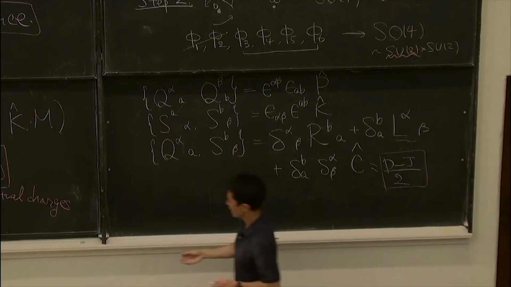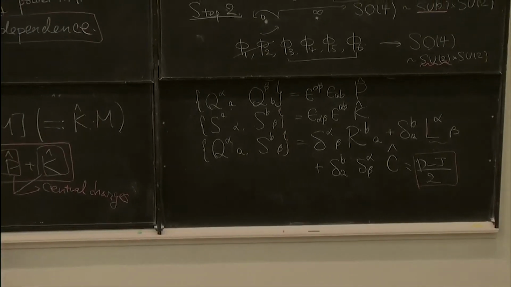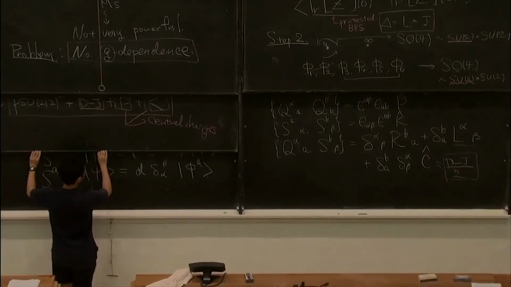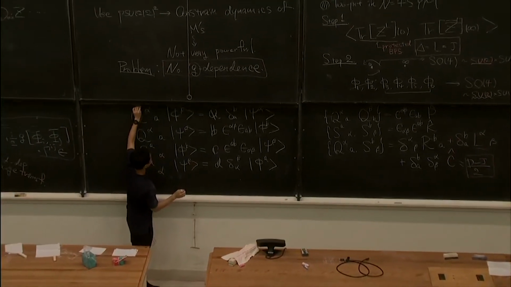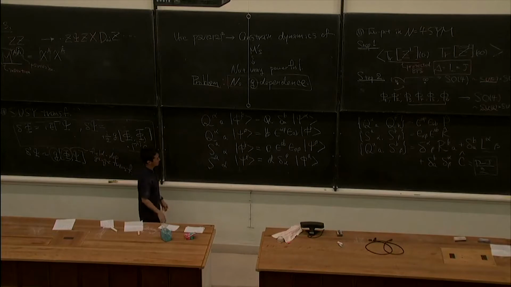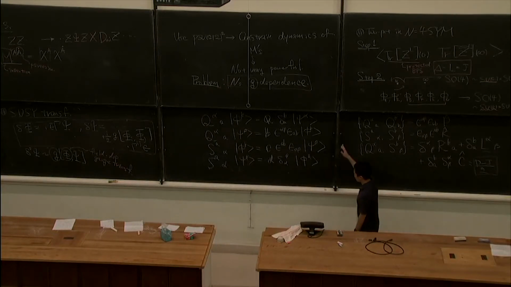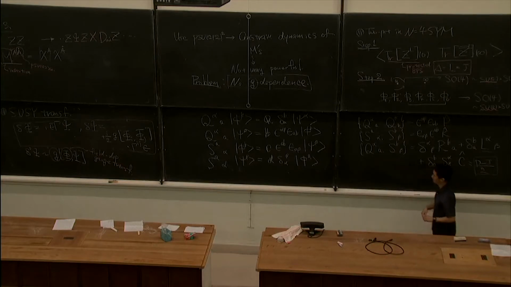Okay, so once you understand the algebra, you also need to know how it acts on the spin chain excitation. The general structure can be inferred just from the transformation rules in N=4 super Yang-Mills theory.